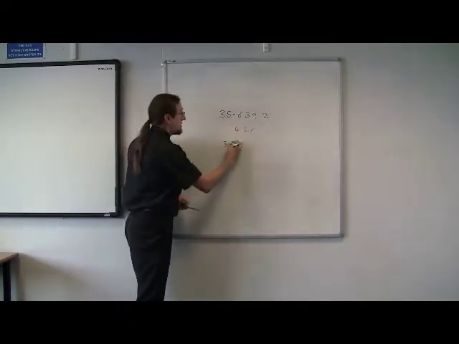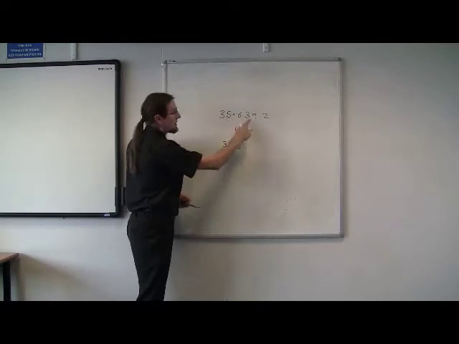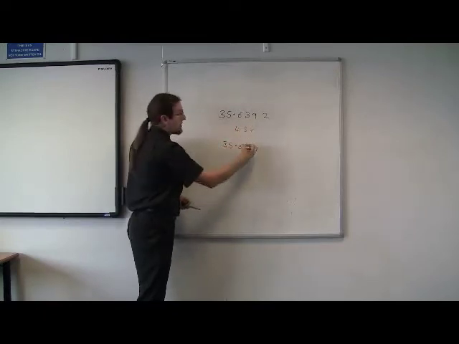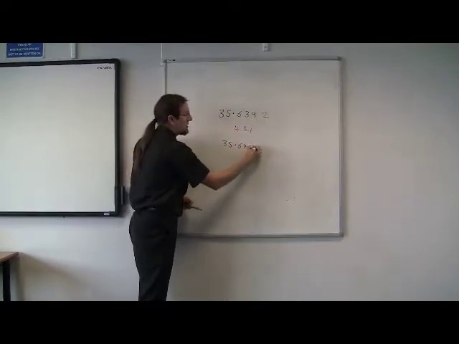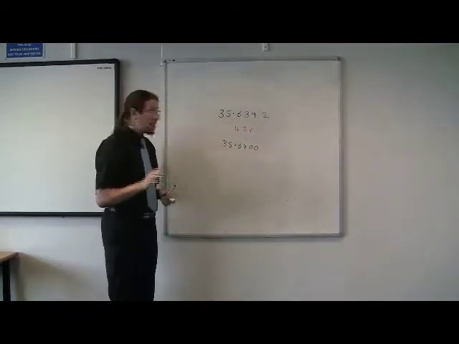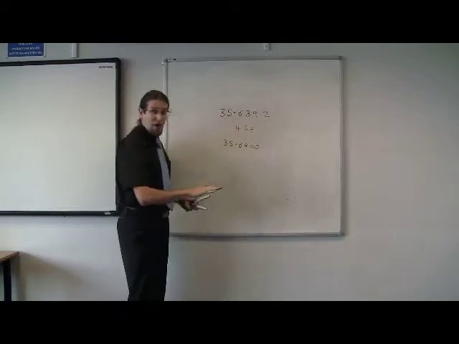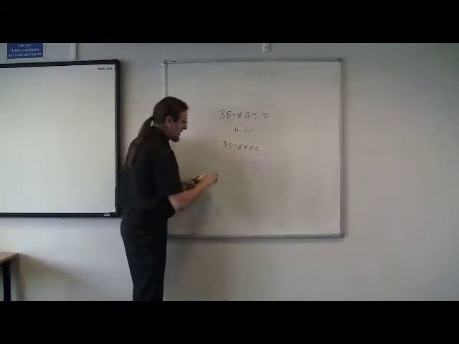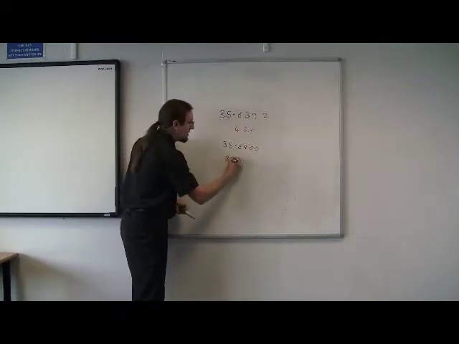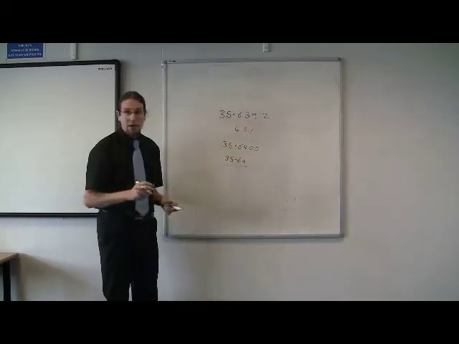So we have 35.6, and 9 follows the 3, so I'm going to have to round it up. Now with a decimal number, you don't actually need these zeros. There's nothing wrong with having them there, but technically at the end of the day all you've got is 35.64. That's absolutely fine as an answer.